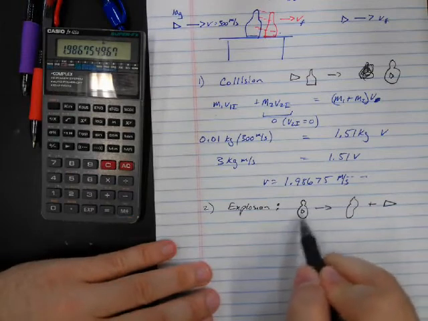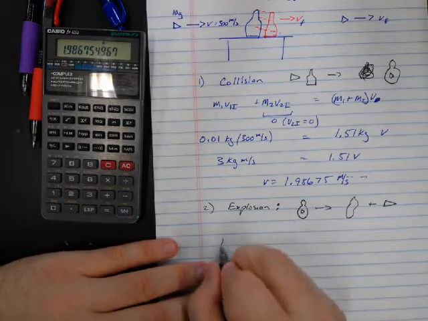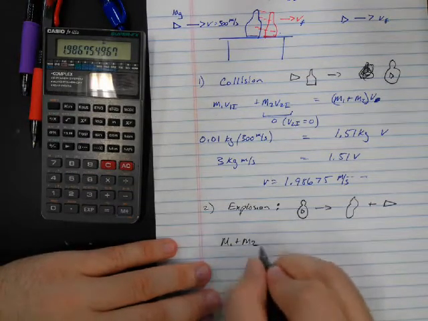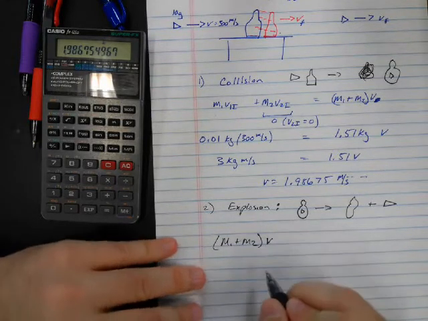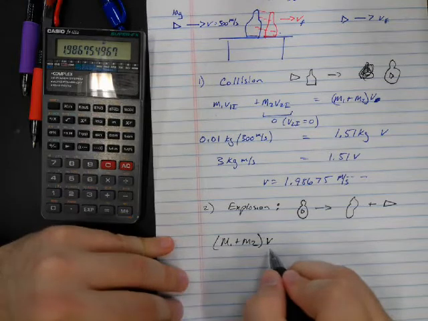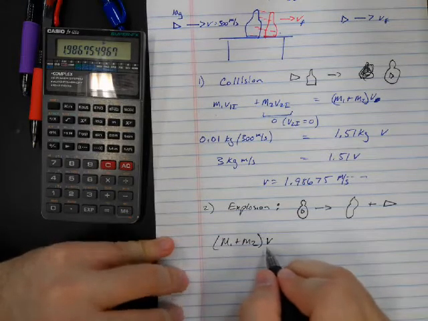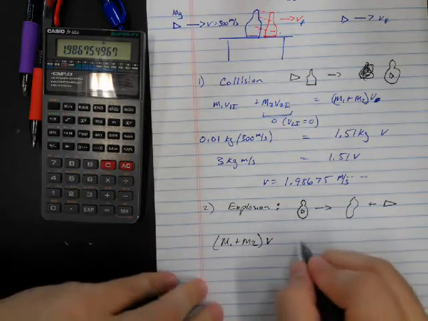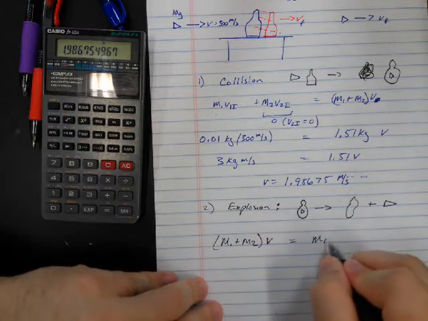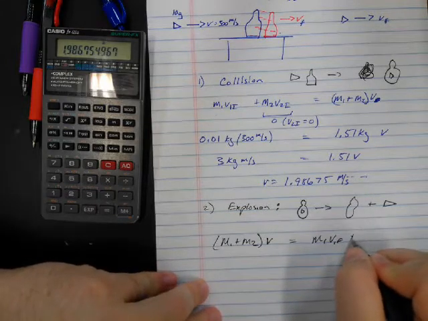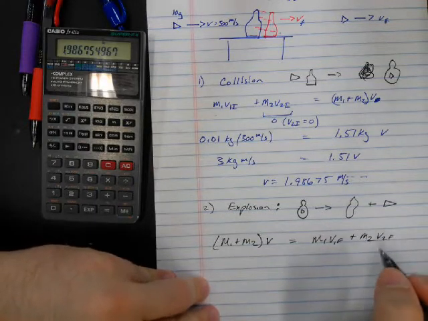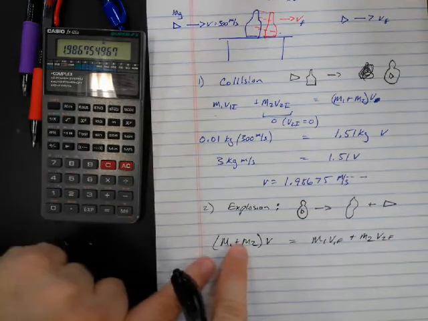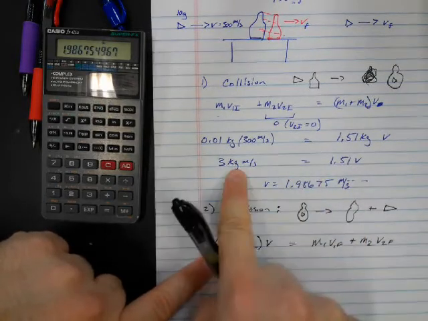So when it's all together, it has M1 plus M2 times V, and that's going to equal M1 V1 final plus M2 V2 final. Well, this thing we know because it comes from this.